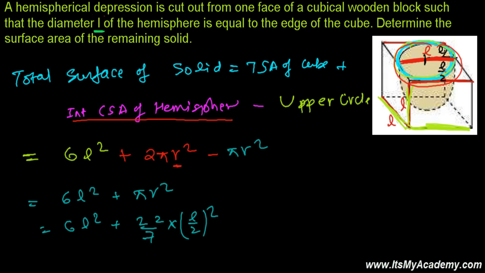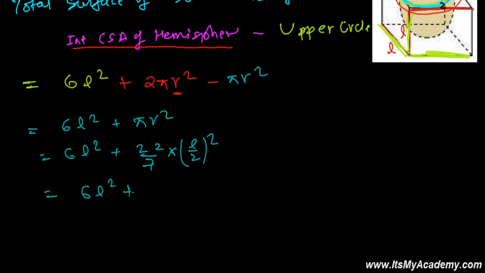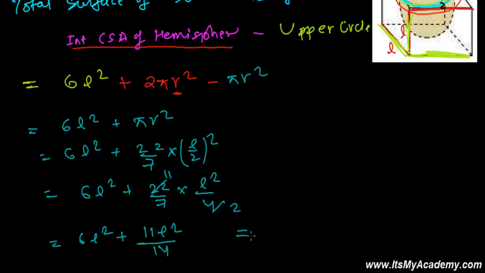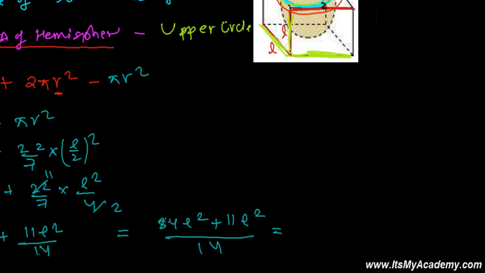Further, 6L square plus 22 over 7 times L square over 4, which becomes 11L square over 14. Then 14 times 6 is 84, so 84L square plus 11L square over 14. Now 84 plus 11 is 95, so it's 95L square over 14 unit square.